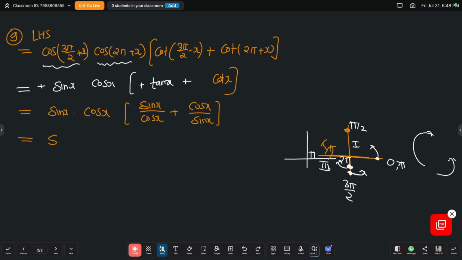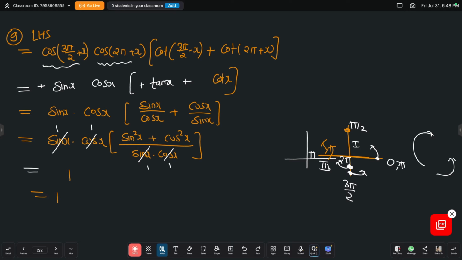Here simplify: sin x cos x into the LCM, sin square x plus cos square x upon sin x cos x. Then this sin and this sin cancel, this cos and this cos cancel. Sin square x plus cos square x is 1, an identity. So 1 into 1 is 1, and 1 is the right hand side, as proved.